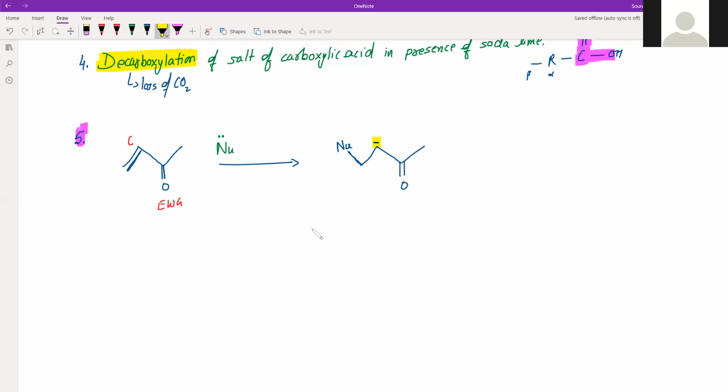Again, this reaction we'll study in detail later. What is important here is when a nucleophile attacks a doubly bonded carbon which is in conjugation with a strong electron withdrawing group.